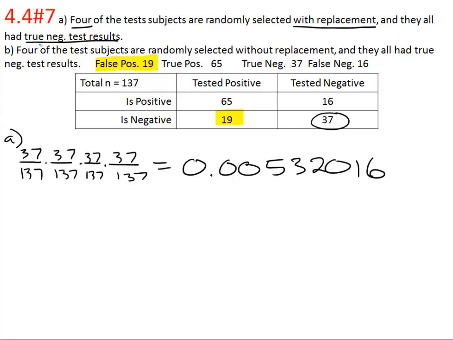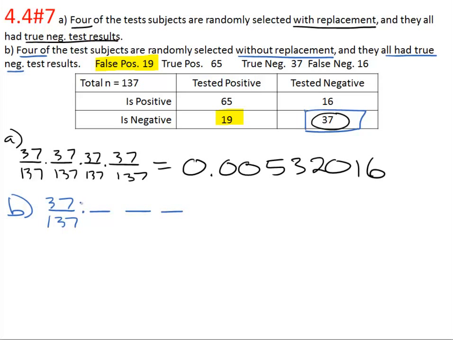And then part B, right, so this was part A. Part B we'll do in blue. Again, we're looking for four people, but this time without replacement. And we're still looking for all of them to have true negatives. But now because we're not replacing them, these become dependent events. So the probabilities shift because for our first person we have 37 out of 137, good over total.